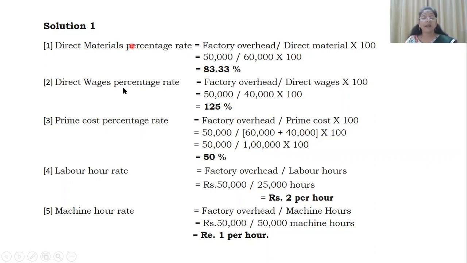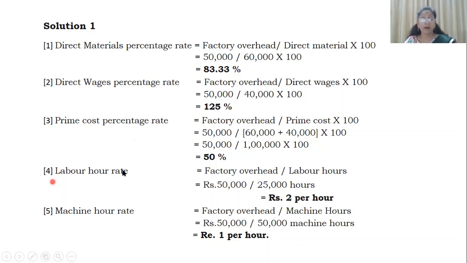Direct material plus direct wages equals prime cost. So 60,000 plus 40,000 gives 1 lakh. Then the prime cost percentage rate is 50,000 divided by 1 lakh into 100, which gives 50%. This is the percentage rate.